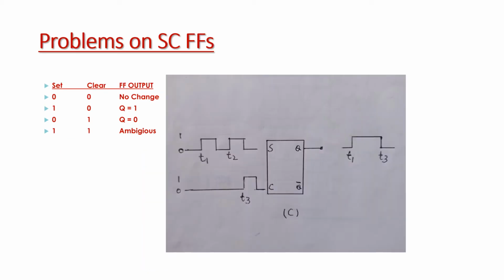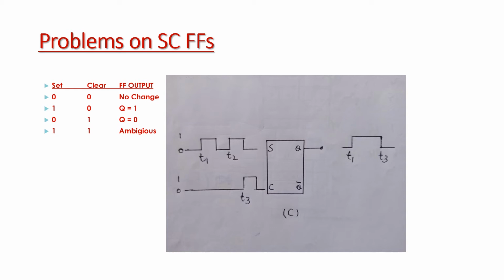Now the same SR flip-flop based on the NOR gate we have taken, but this time with slightly more pulses on the input. If we start from T1 and the pulse is applied on S, Q will go from 0 to 1, that is low to high.